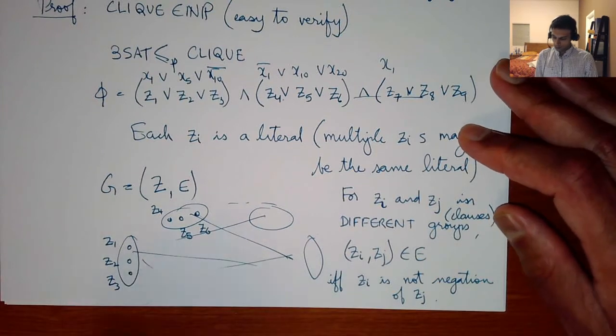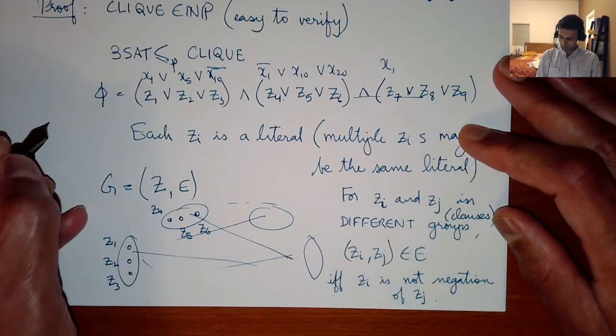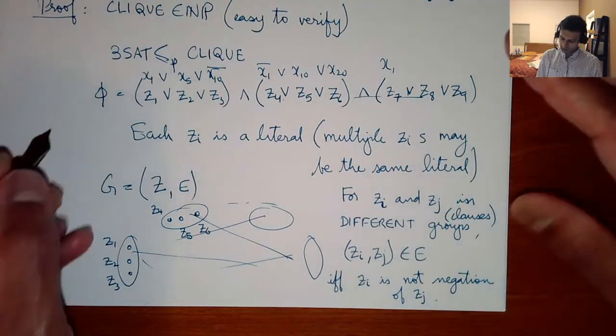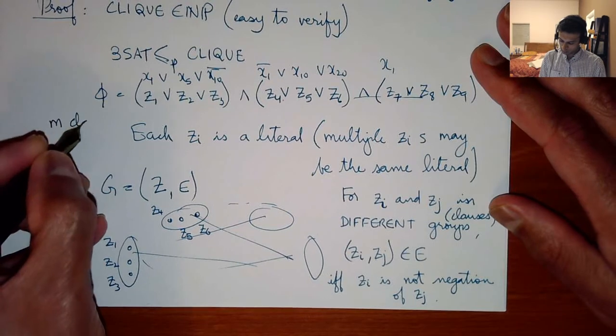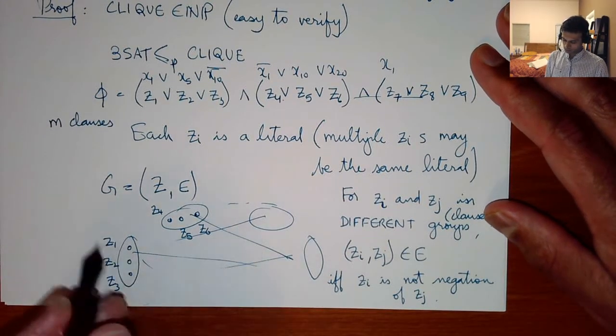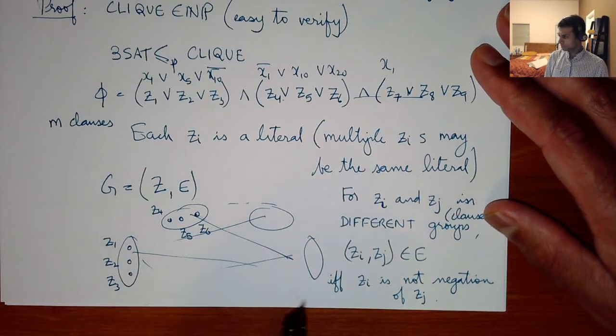Now, it's conventional over here to use m: there are m clauses here, so there are m groups.